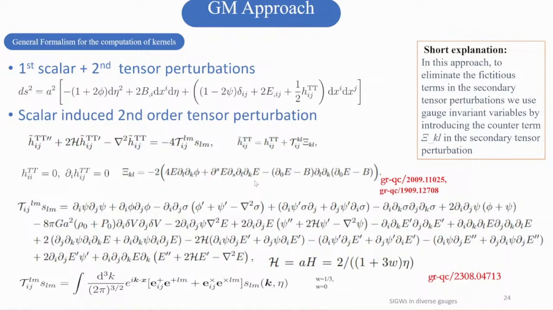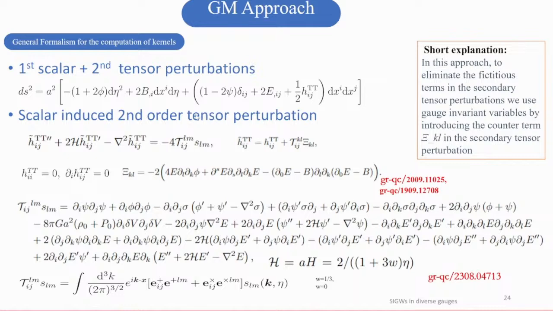So we try to solve that problem, because there should be a way to find the gauge independent result. Basically, from the physical point of view it should be the same in every gauge. So to achieve that result, we introduce a counter term.